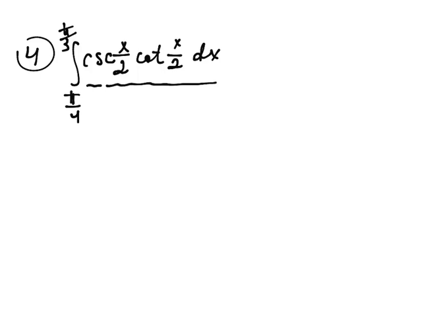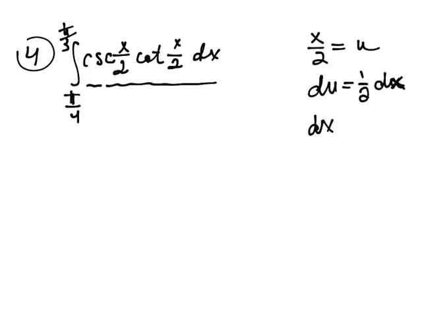But here I have x over 2, and I don't want x over 2. So I'm going to replace it with u. And then the derivative of x over 2 is just 1/2 du. Therefore, dx just equals 2 du.